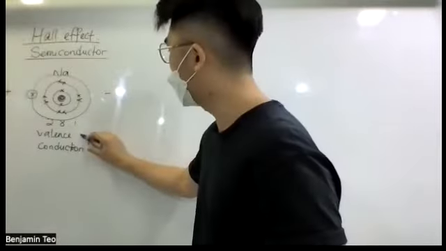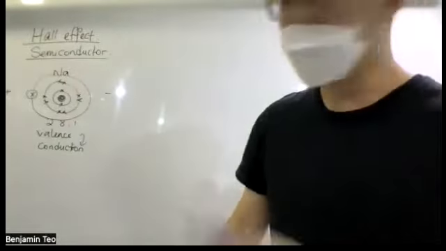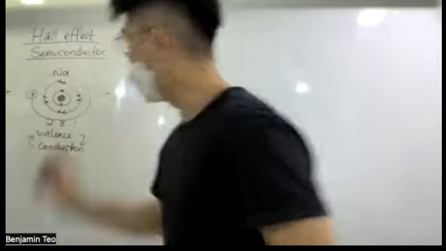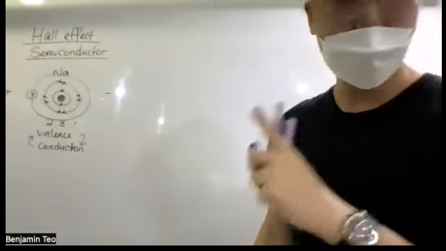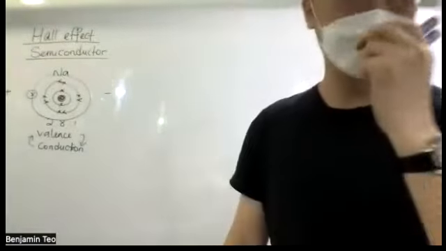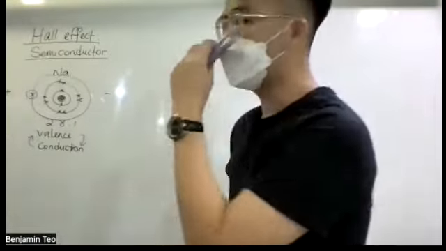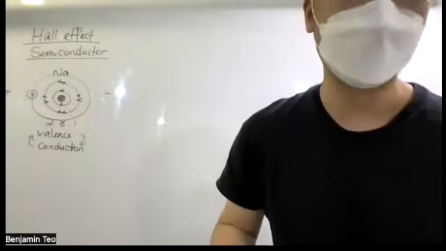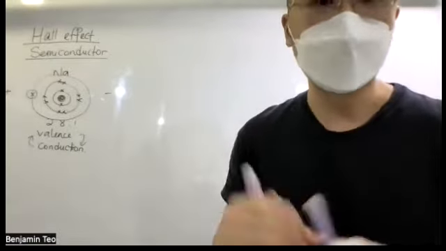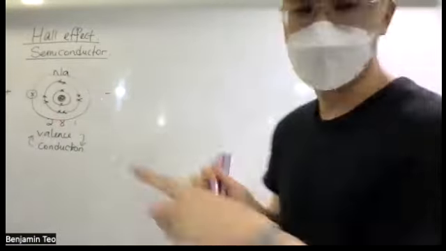They can jump from valence to conduction, and they can also go back from conduction to valence. That is a very unique property, only found in metal. So that's one reason why metal always has ready electrons, and is a good conductor of electricity.